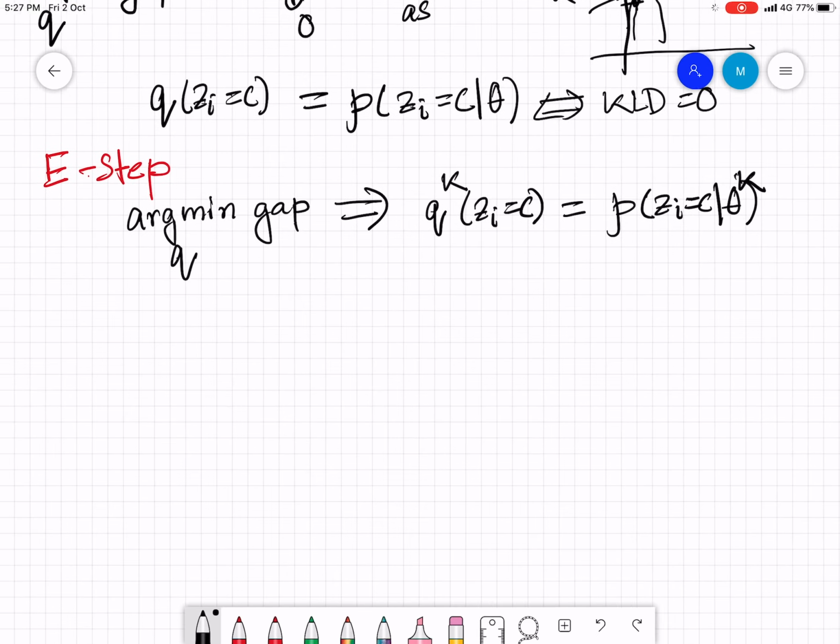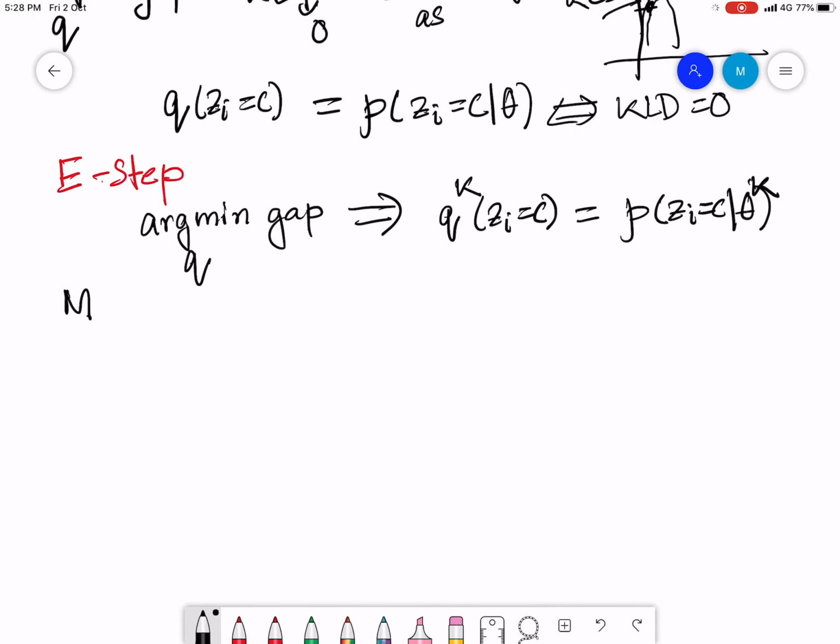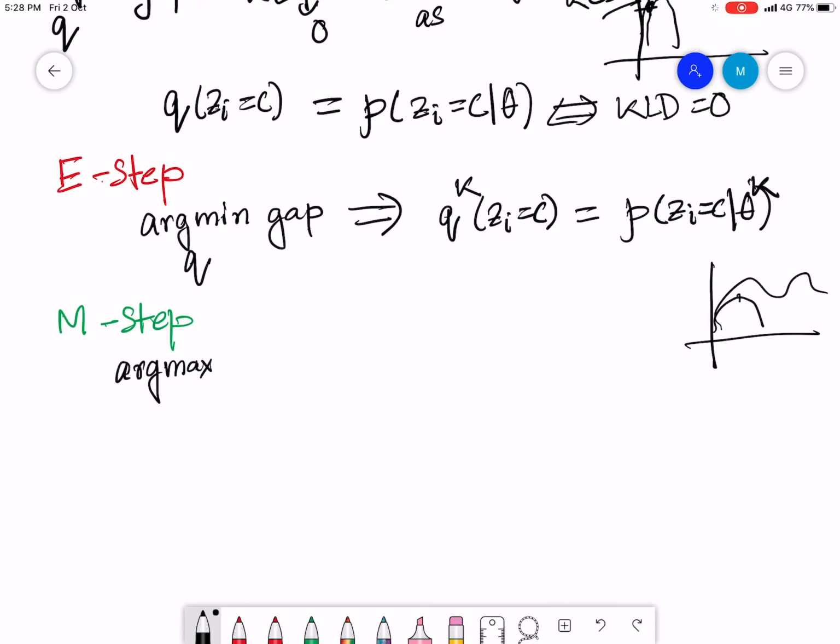And next you go to the M step. In the M step, you remember what you do is you now go to the highest point of that function. So first you find a good Q, then go to the highest point of that Q. So argmax with respect to theta of Qk(zi = c).